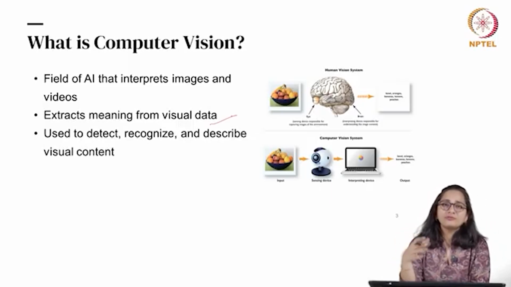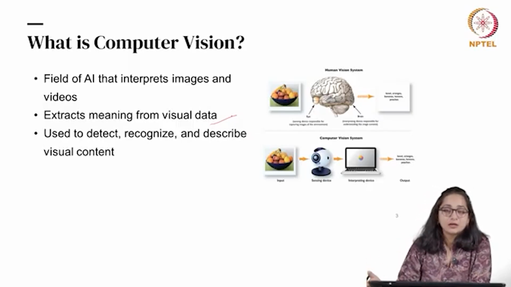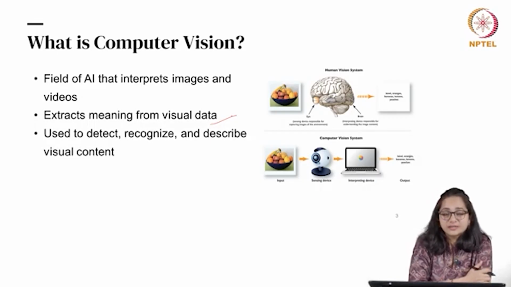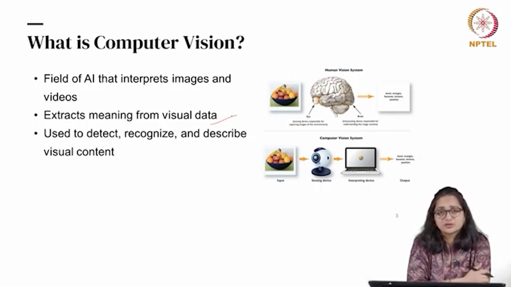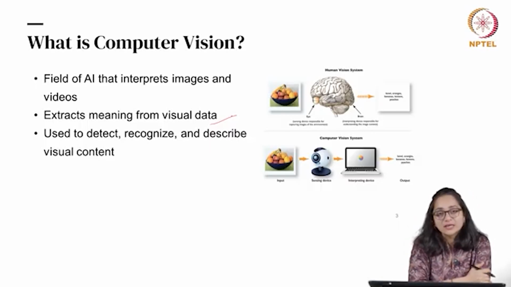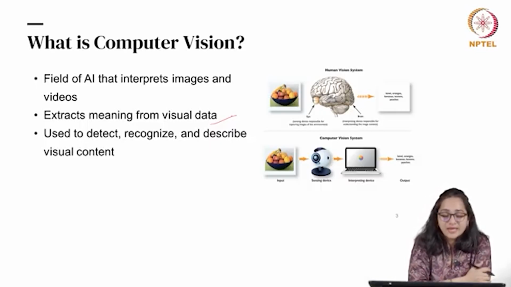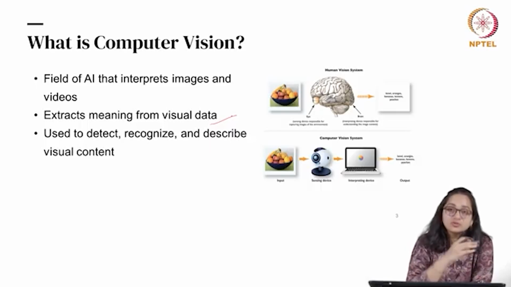So all of your face recognition, which now I think your iPhones are opening with face recognition ID, face ID, or facial recognition or number plate recognition from CCTV on highways, all of that falls under the computer vision field category. It is used to detect, recognize, and describe visual content.